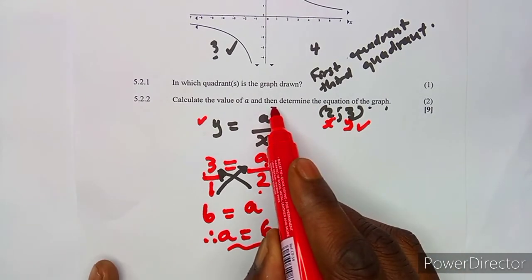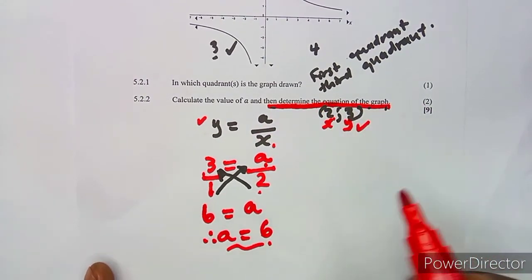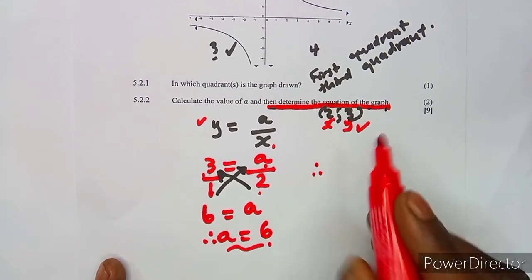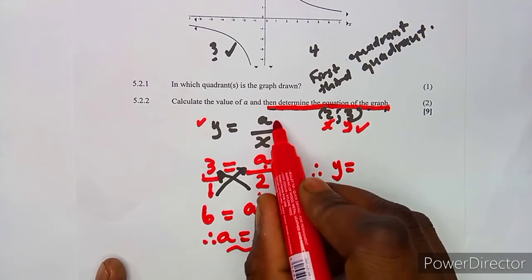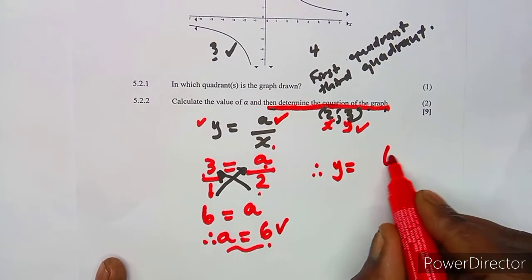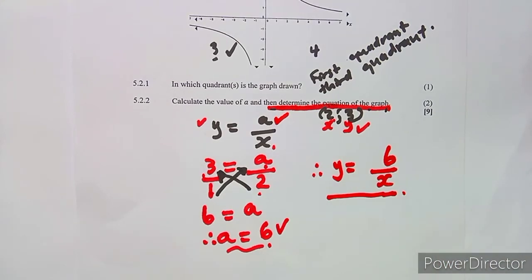And we have another part, and then determine the equation of the graph. So therefore the equation of the graph, we are simply substituting the value of a that we obtained here, which is 6 over x. This is now the equation of the graph.